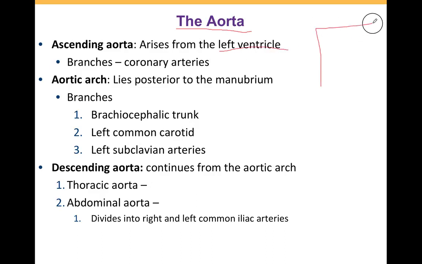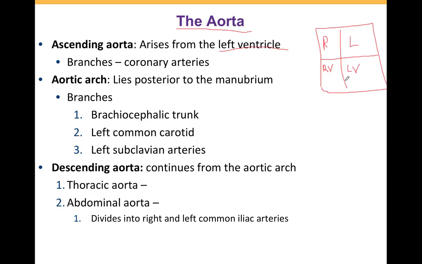So if you take your heart, and this is a really bad drawing of the heart. Heart has 4 chambers, okay? This is the right side, and this one on the top is called right atrium. This one on the left-hand side is called left atrium, so this is the left side. The one on the bottom is referred to as right ventricle, and this one would be left ventricle.